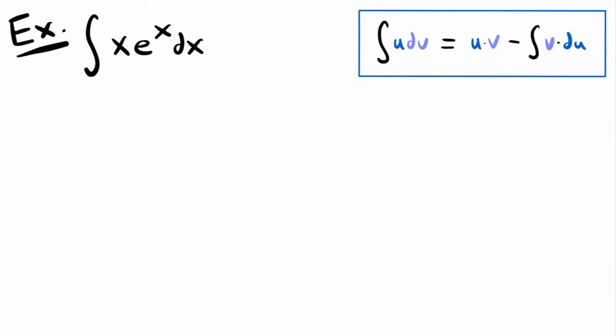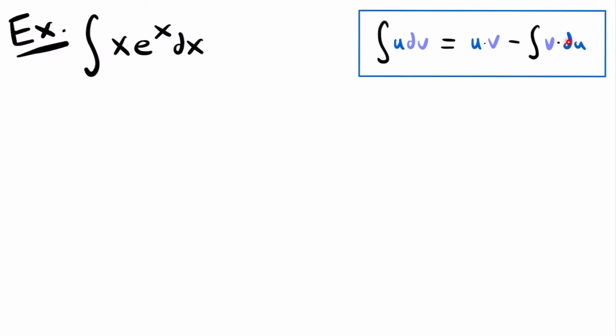All right, so we're looking to rewrite this integral, which is currently in this form, the integral of u times dv, and we want to rewrite it to be u times v minus the integral of v times du. But now notice, we don't have v or du, we're just going to have u and dv in our integral. And so in order to get v and du, we are going to have to manipulate u and dv.